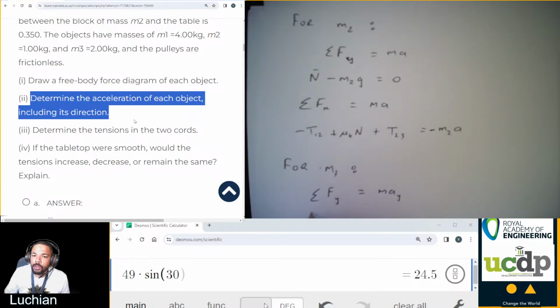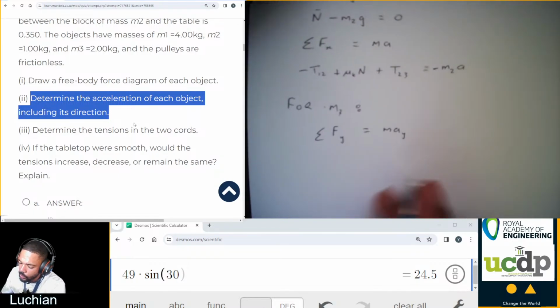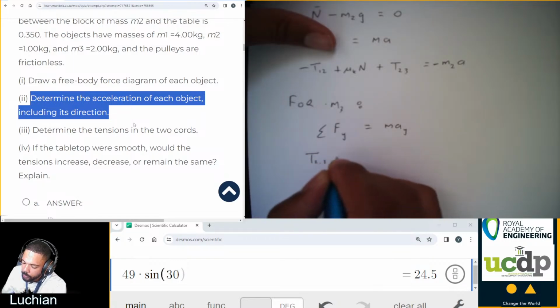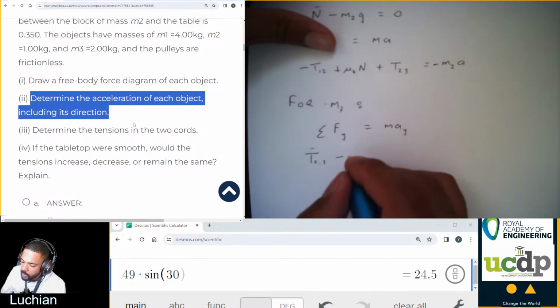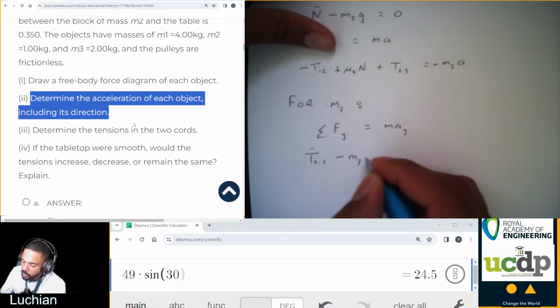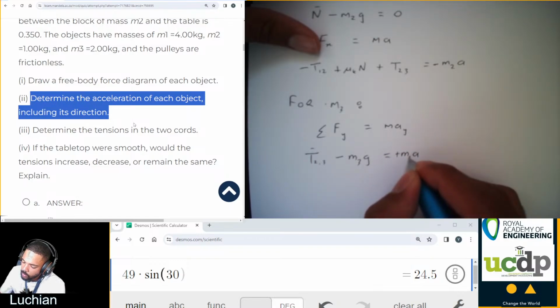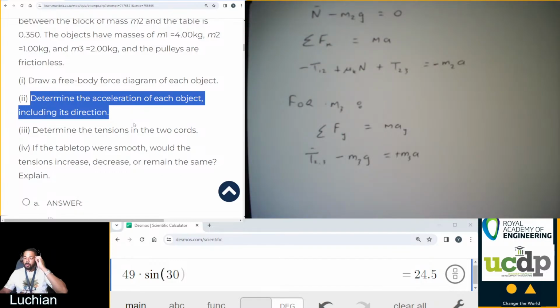The sum of the forces in the y direction for m3 is just the tension T23 minus m3 times g, and that is equal to positive m3 times a, since it's accelerating upwards. So there we have 3 sets of equations.